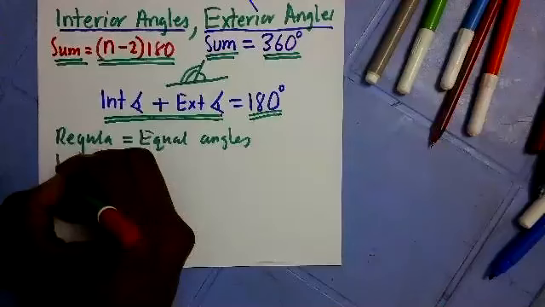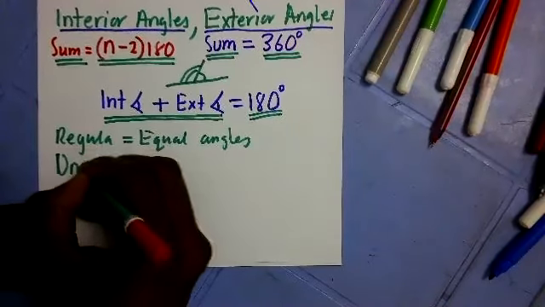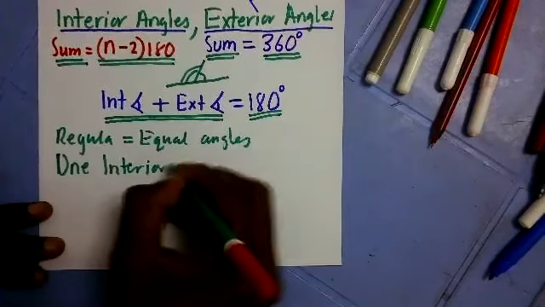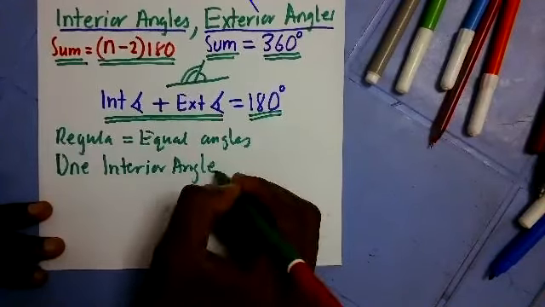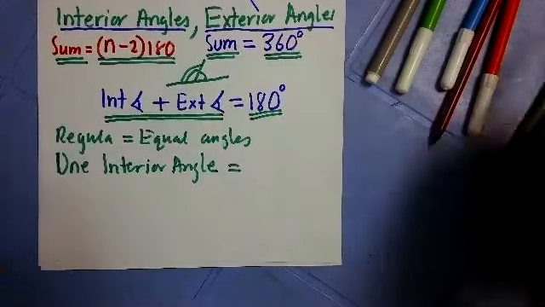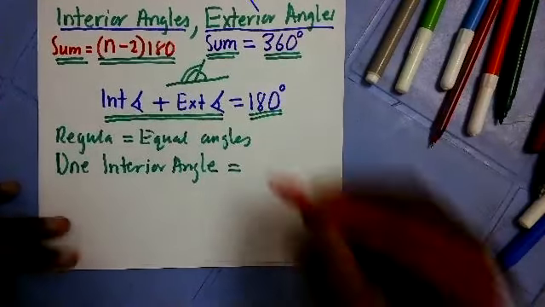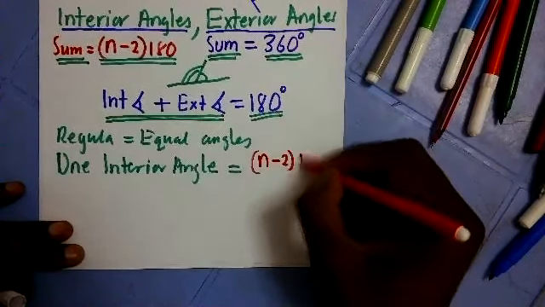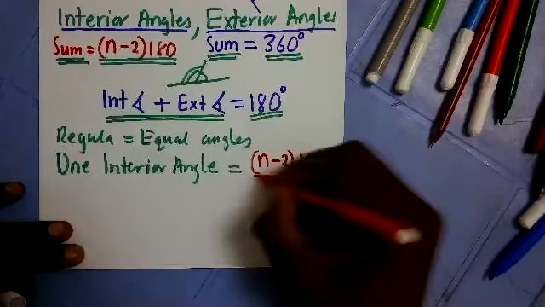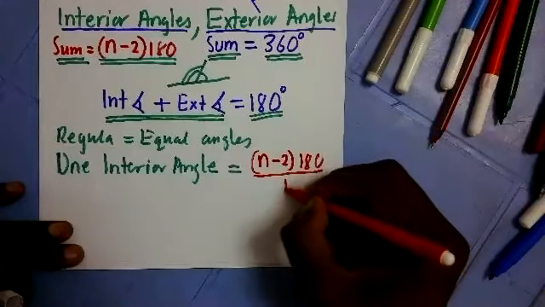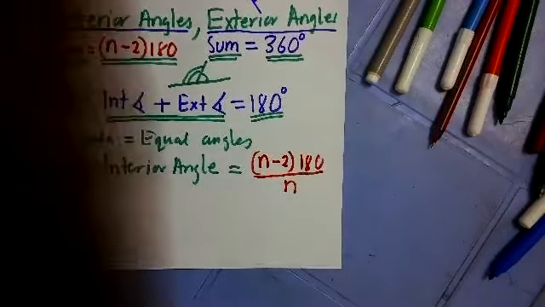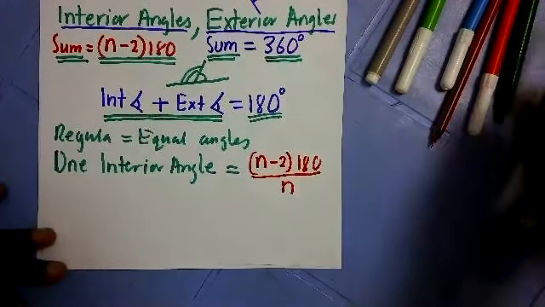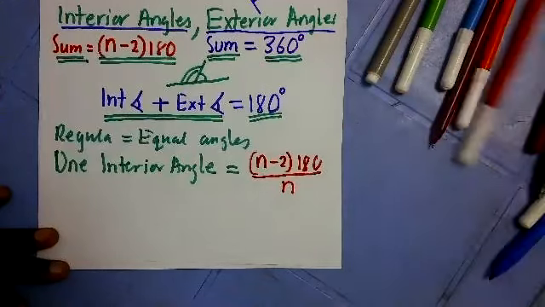And for any regular shape, if I want one interior angle of a regular shape, I will take the interior angle sum. Then that angle sum, I will divide it by the number of angles which I have. Then I will get the value for one interior angle.